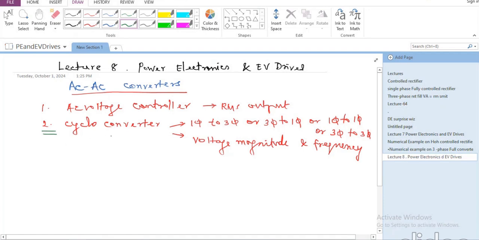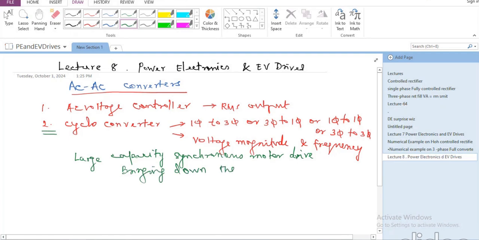It is mainly used in large capacity synchronous motor drives, where in industry, if you want to control the speed of a large capacity synchronous motor drive, especially if you want to run it at a very low speed, you might try to bring down the frequency from 50 hertz to 25 hertz, or 20 hertz or 10 hertz or whatever. That can be easily done. So stepping down the frequency can easily be done in a synchronous motor drive.